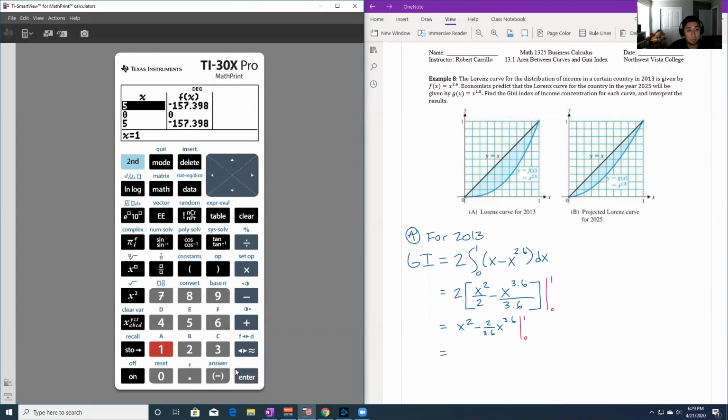Type in 1, and I get 0.44. 0.44 minus, type in 0, I get 0. So we get that in 2013, they had a Gini Index of 0.44. Okay, we can't compare this until we get the answer for B. So in 2013, their Gini Index was 0.44. So now let's go look for B.